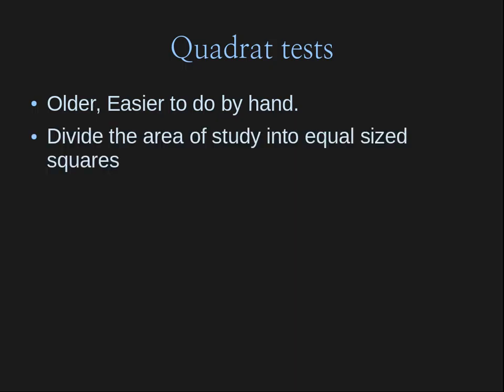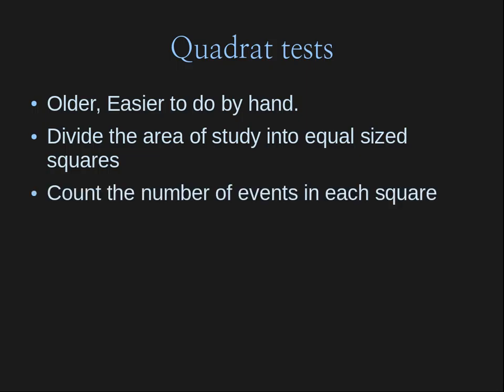And what you do is you simply divide the study area into equal size squares. So we're going to divide up whatever area we have measured something in into equal size squares and take a look at those. And generally, we count the number of events in each square, so that we can get some idea about how many individual occurrences are in each of these squares.